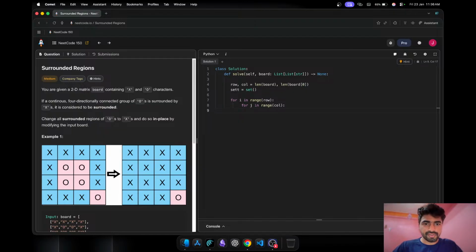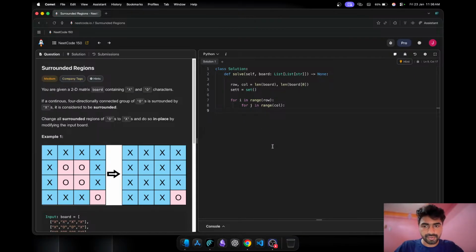For i in range row, for j in range column. We need to go through the grid.